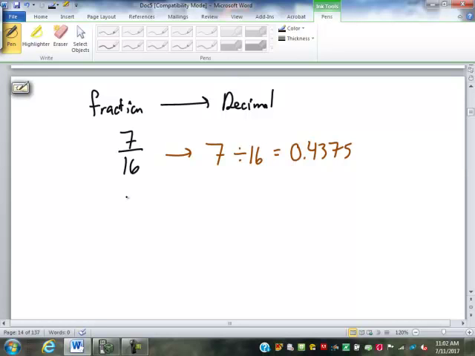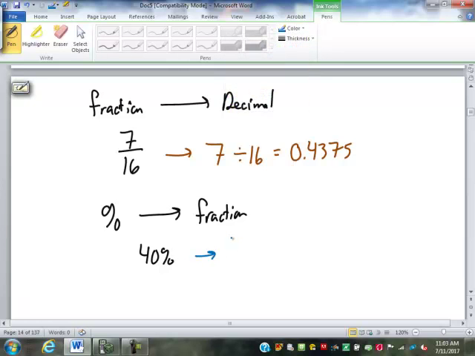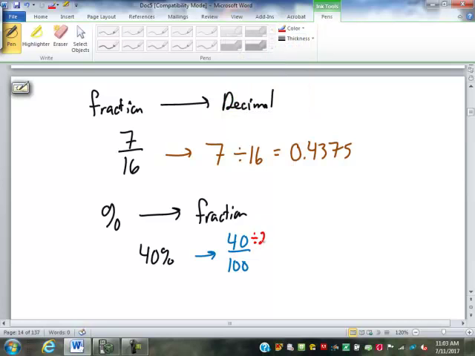You need to be able to convert a percent into a fraction. For example, 40% will become 40 over 100, and both can be reduced by dividing by 20. Gives you 2/5.